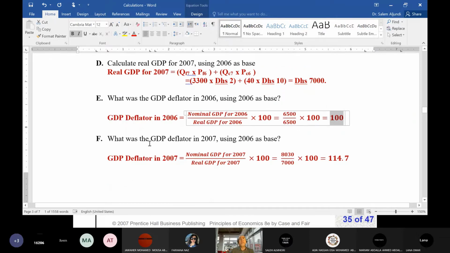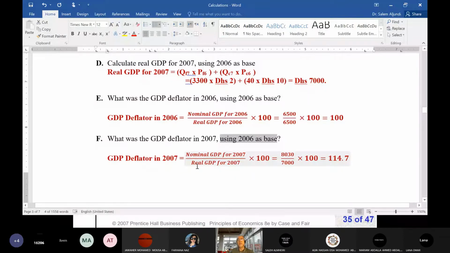Okay, what is GDP deflator in 2007 using 2006 as a base year? I add here 2006 as a base year just to remind you, when you calculate real GDP, use the prices of 2006, and that was done before. What is the formula for GDP deflator?